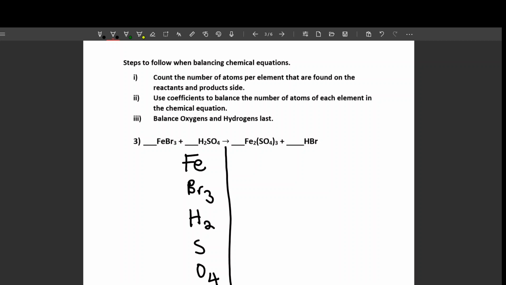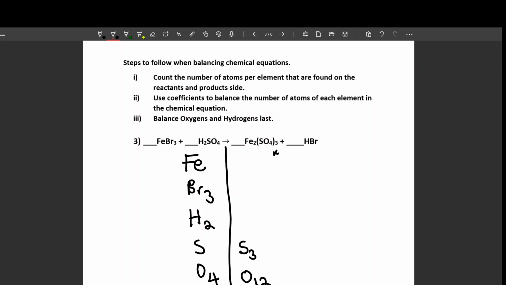We have 1 sulfur here. We multiply this 1 sulfur by this 3, so instead of just 1 sulfur, I have 3 sulfurs. That makes sense, right? Let's look at the oxygens. Instead of just 4 oxygens, I multiply it by 3 to give us 12 oxygens in total. So we have 12 oxygens on the product side.